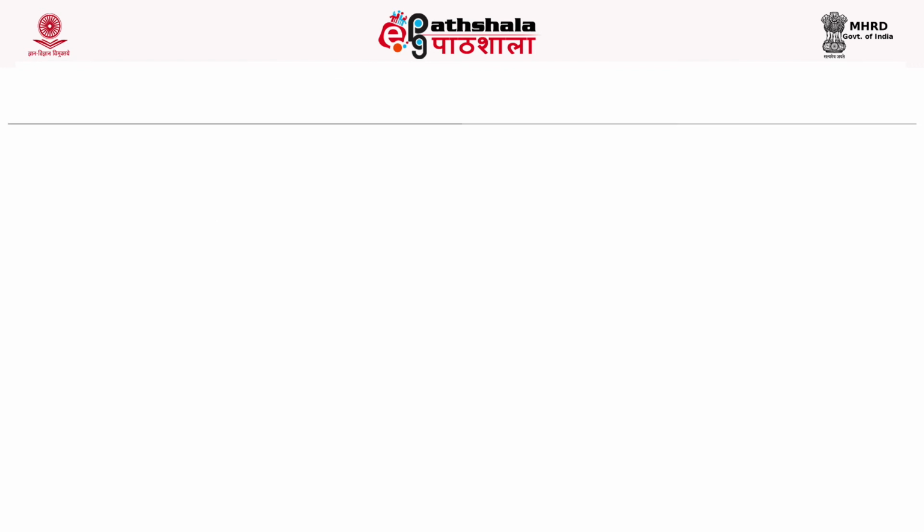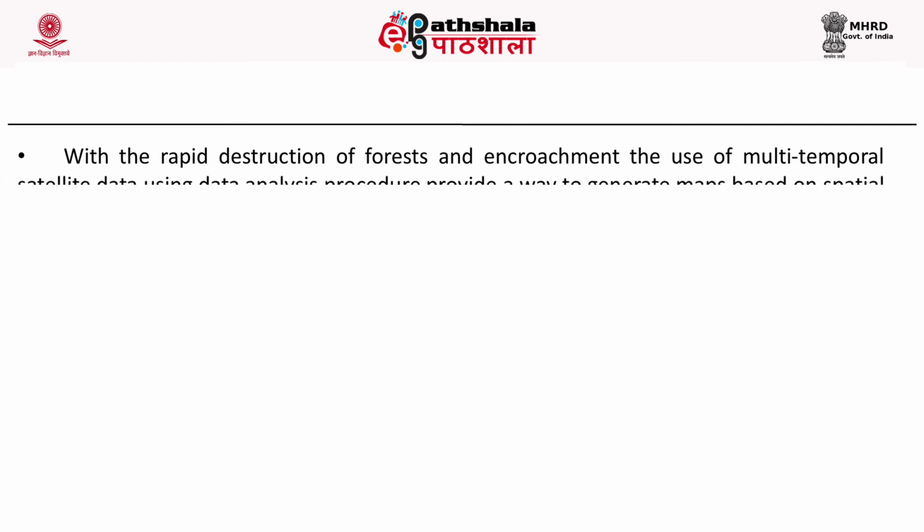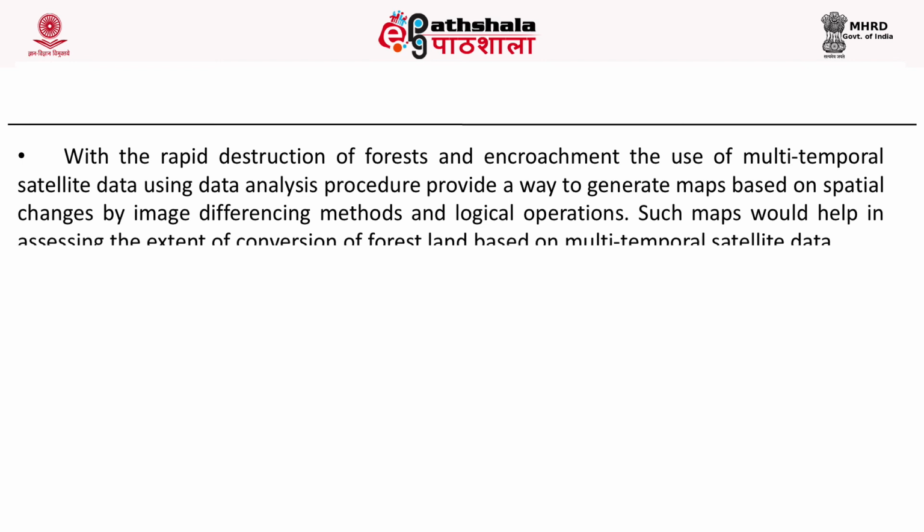With the rapid destruction of forests and encroachment, the use of multi-temporal satellite data using data analysis procedures provides us a means to generate maps based on spatial changes by image differencing methods and logical operations. Such maps would help us in assessing the extent of conversion of forest land based on multi-temporal satellite data.